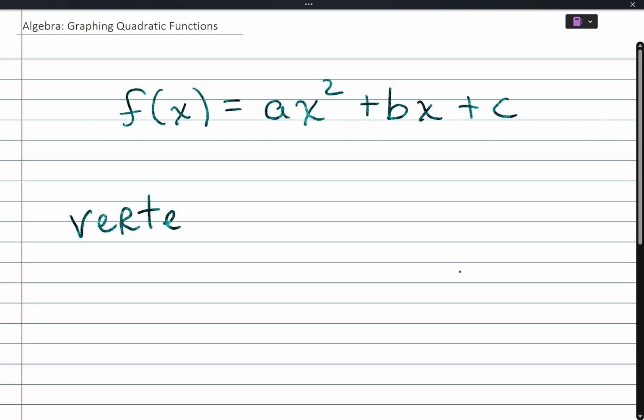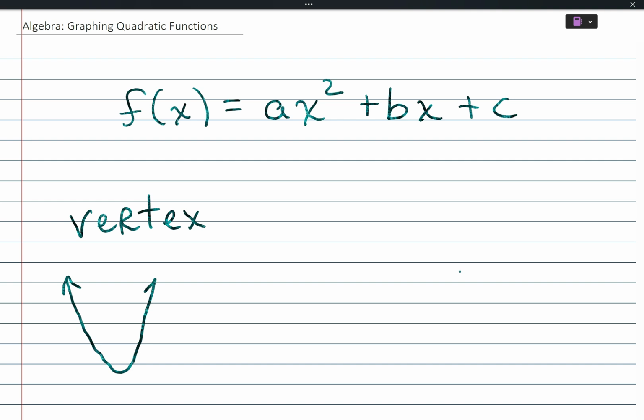The next piece of information that'll help us to graph will be the vertex. So the vertex, and I'll just draw a rough sketch of a parabola. Let's say we have this parabola that's concave up. The vertex is right there where it changes direction.